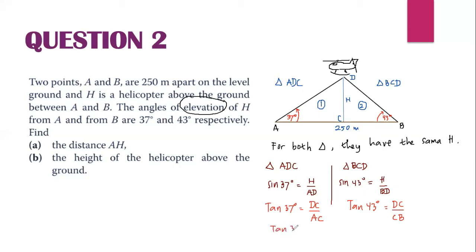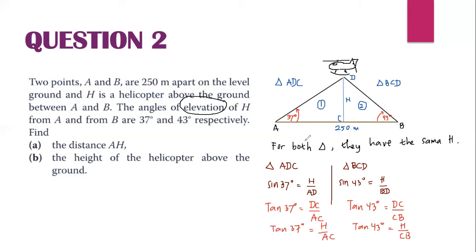So tangent 37 degrees is height over AC, and then tangent 43 degrees is height over CB. Okay? So how to find AC and CB? I think that's very easy, right?